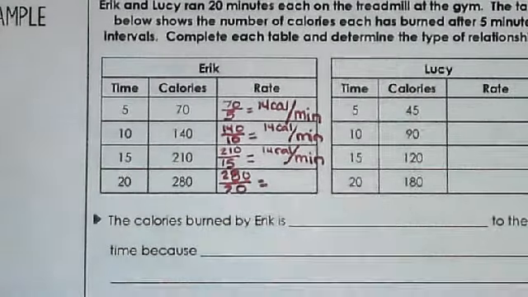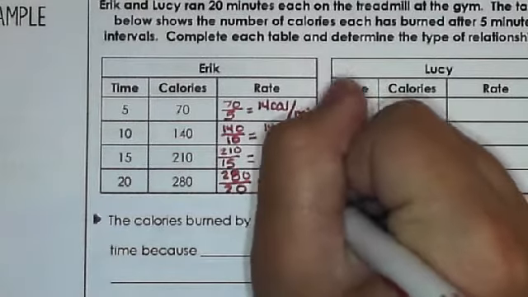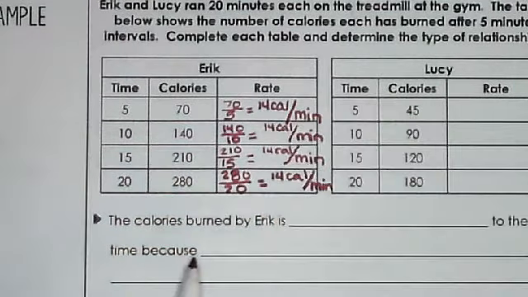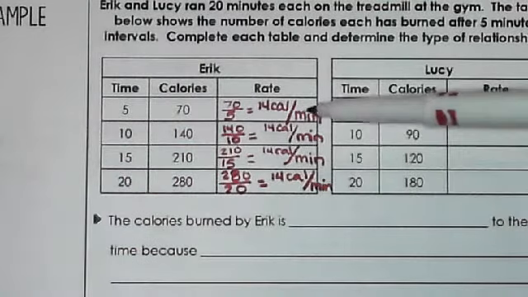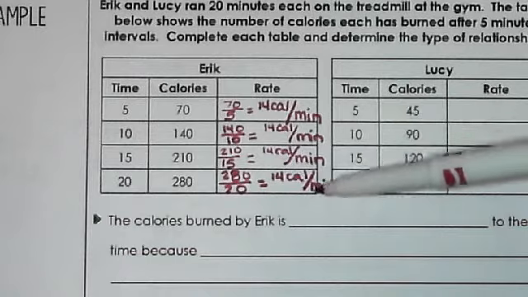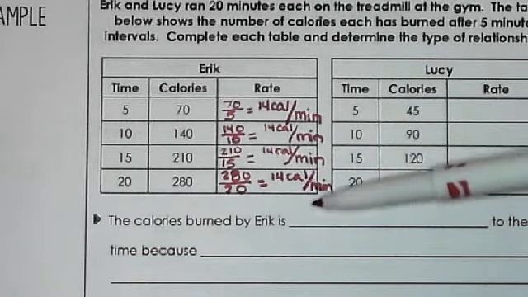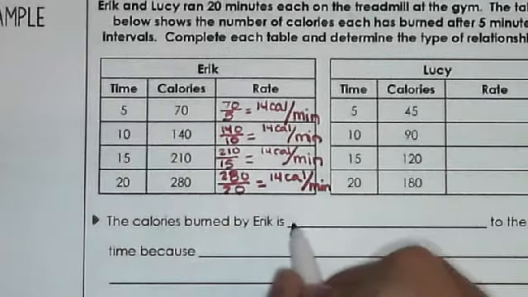Someone divide that and tell me what you get. 14 calories per minute. So since the calories burned per minute is all 14 calories per minute, since all of the ratios simplified to the same unit rate, then we would say that it is proportional.